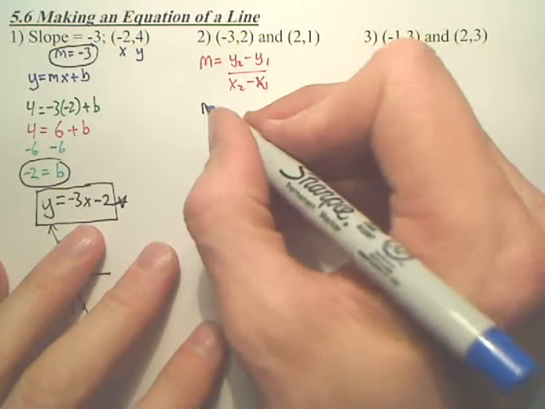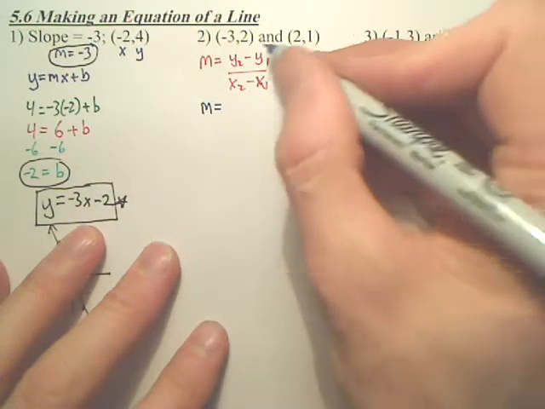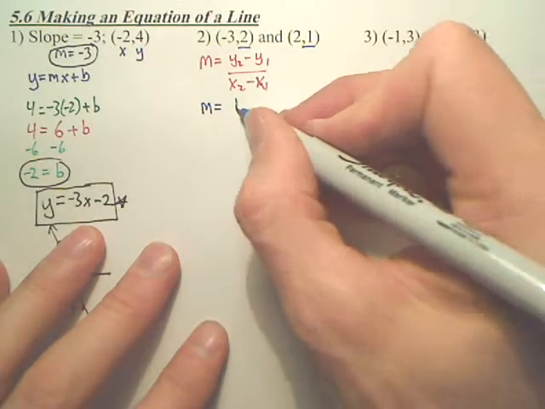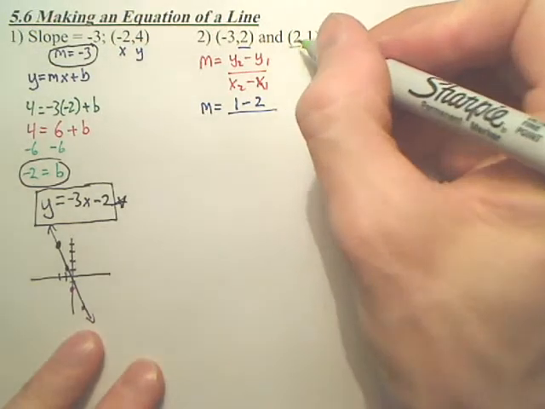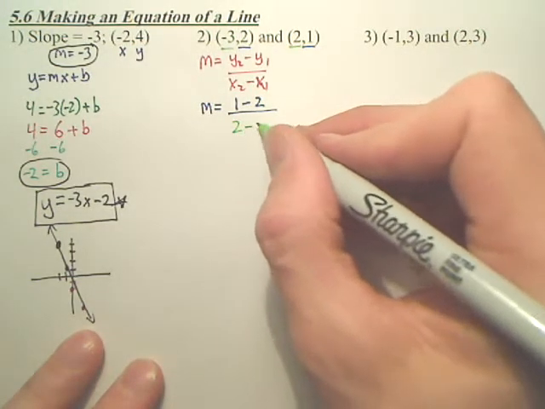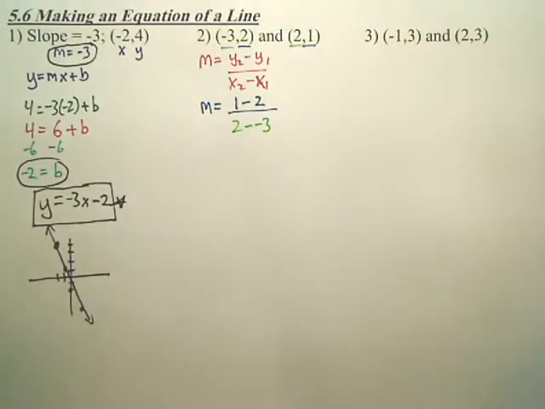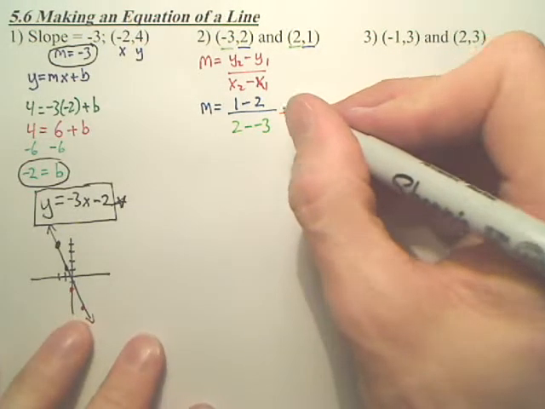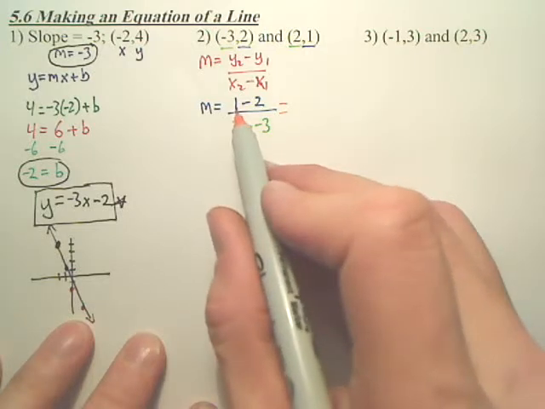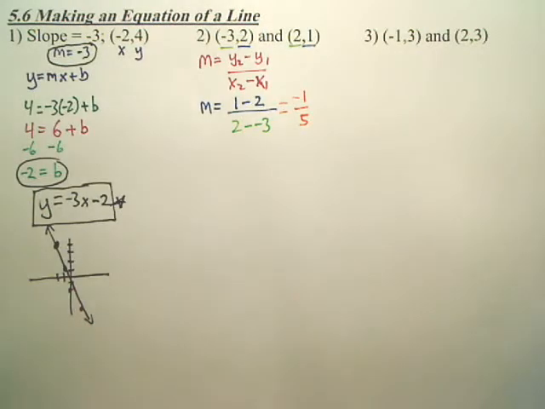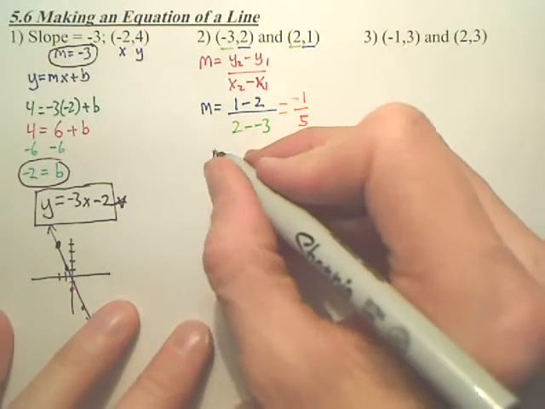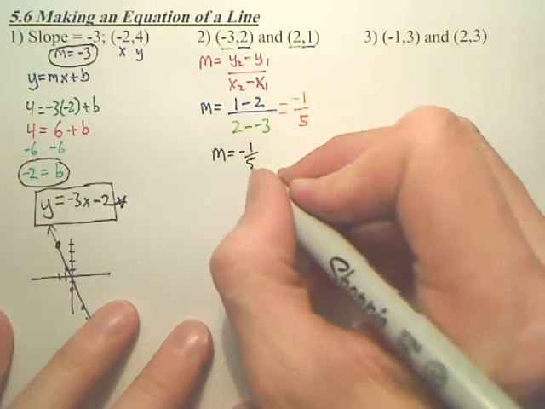So to find the slope, it's going to be 1 minus 2 over 2 minus -3. The change in the y's is -1. The change in the x's is 5. So my m is -1/5.